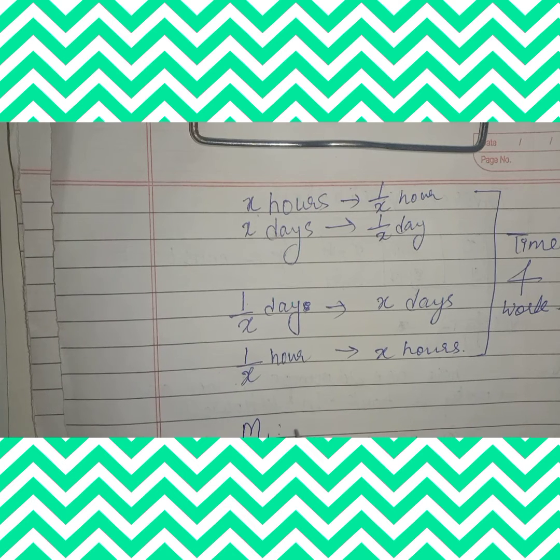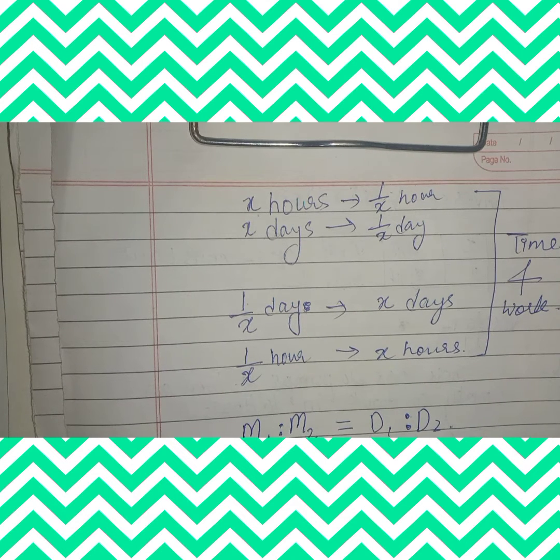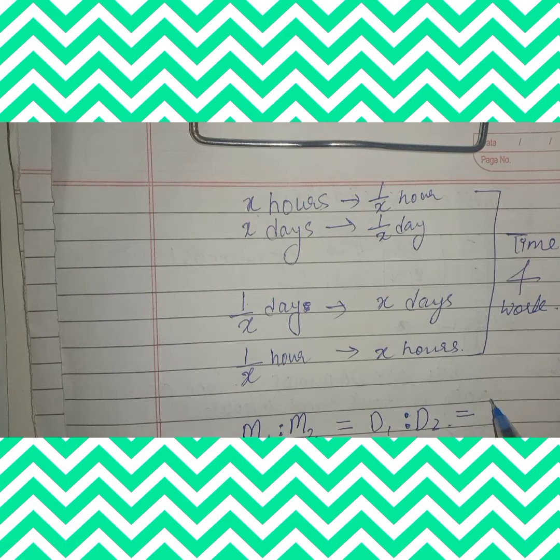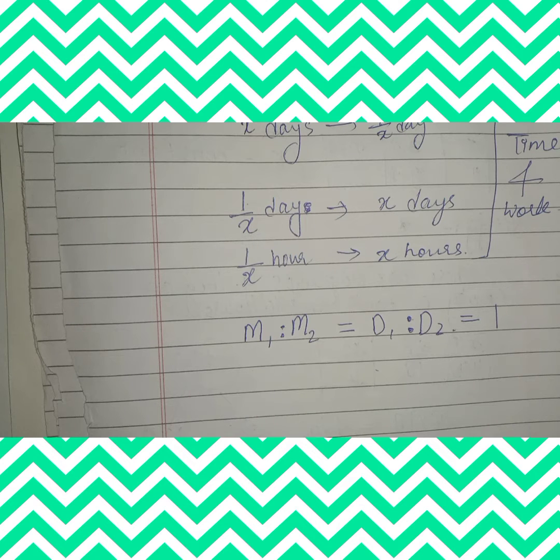It is saying that M1 is directly proportional to M2 and D1 is directly proportional to D2. Their total will be 1, as they do a piece of work, and if we combine that, it will be 1 only, as it is the whole of something.